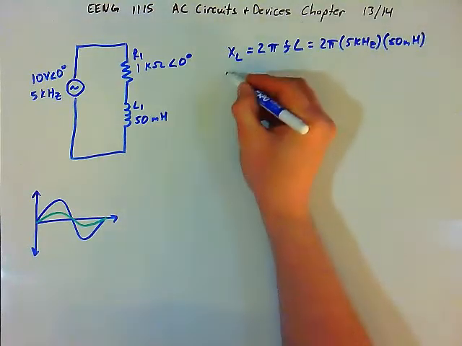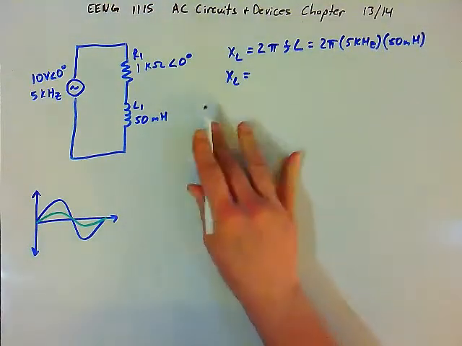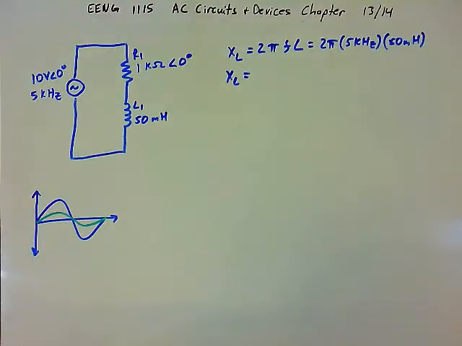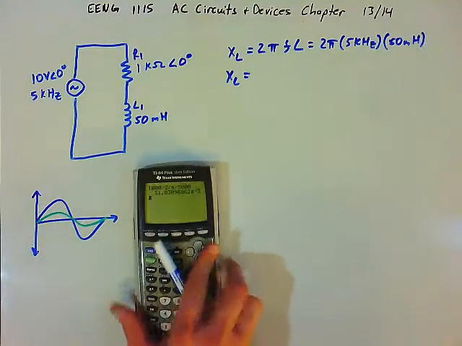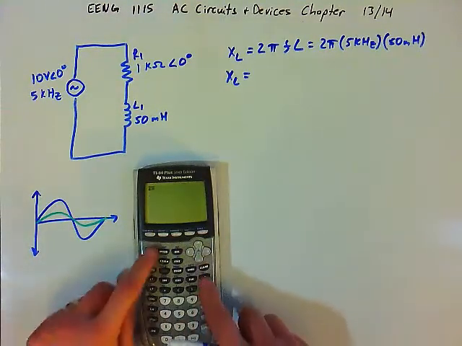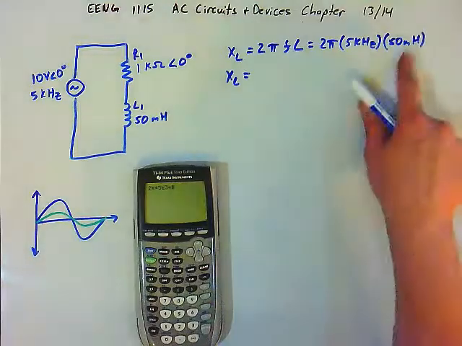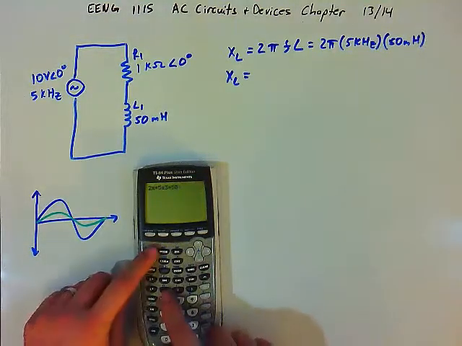We have to start solving any AC circuit by first finding the inductive reactance. The inductance itself doesn't tell us a whole lot about the effects that the inductor has on the circuit. Not until we find X sub L do we find that out. So X sub L will be 2 pi times 5 kilohertz, so 5 EE3, times 50 millihenries, so 5 EE negative 3.